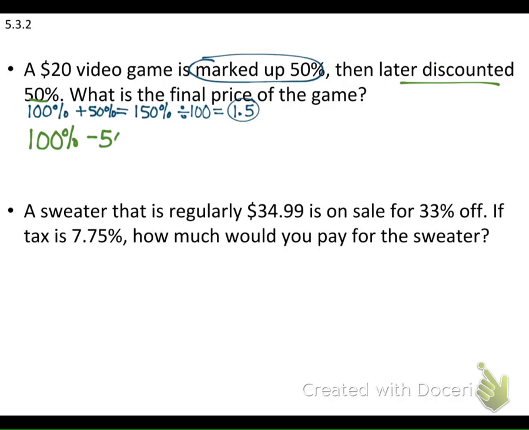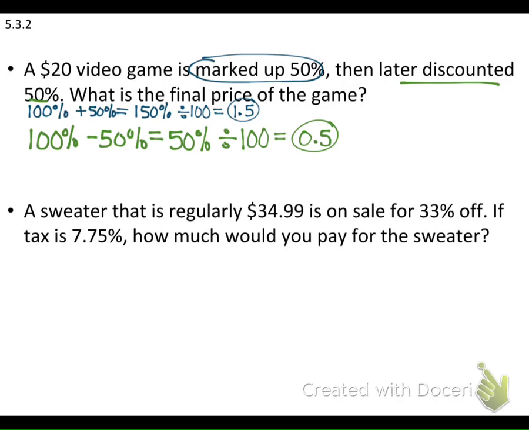So I'm going to subtract 50%, which equals? Okay, so that's step 2. Divide by 100 to change it to a decimal. Step 3. I'm going to circle that because that's my other multiplier. Now, I've got both of my multipliers. I'm ready to move to the final step.